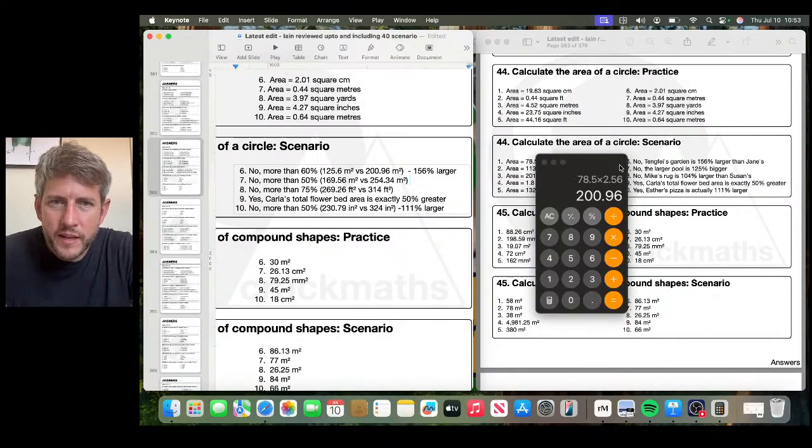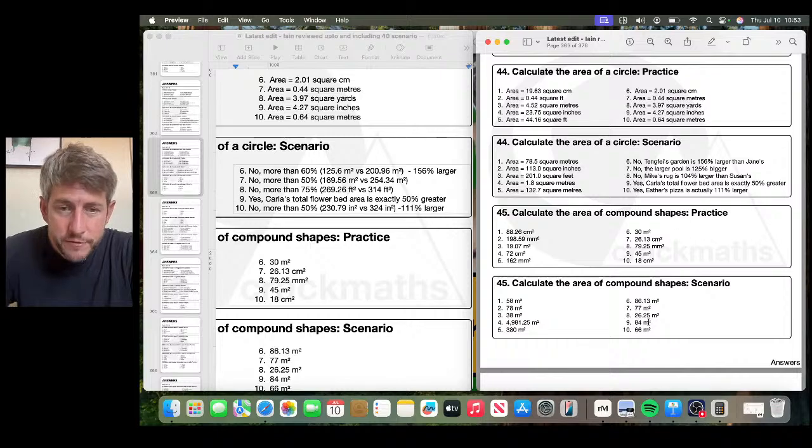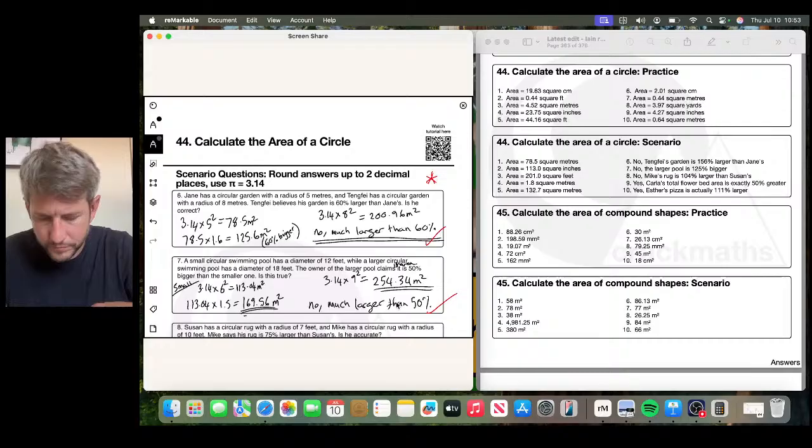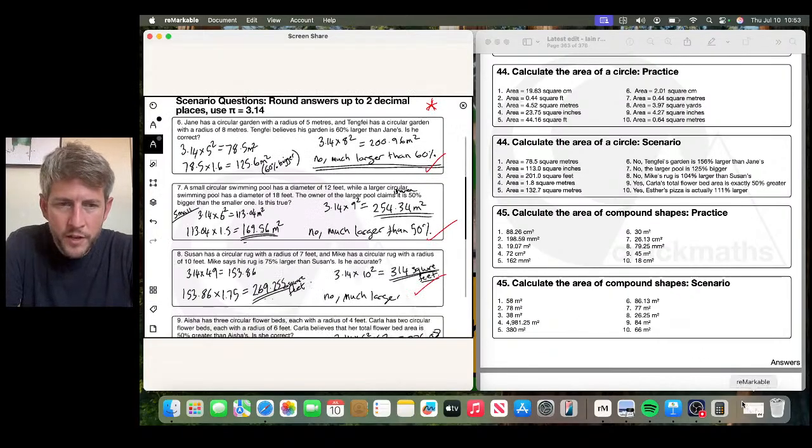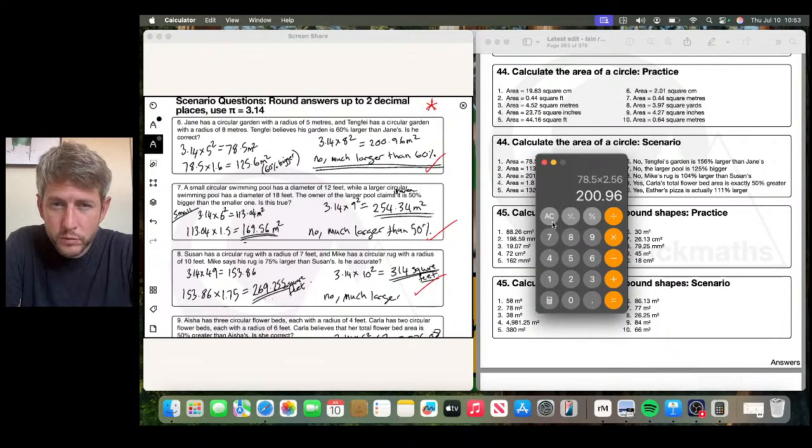Then we've got the second one, which we're saying 125% bigger. So let's go here. It was originally 113.04. 113.04 multiplied by 2.25.